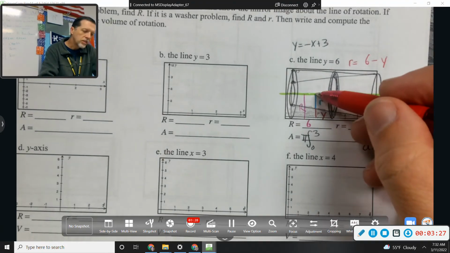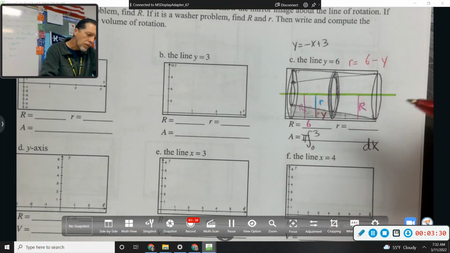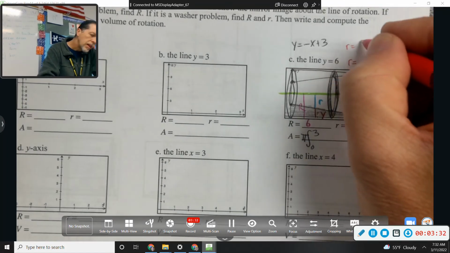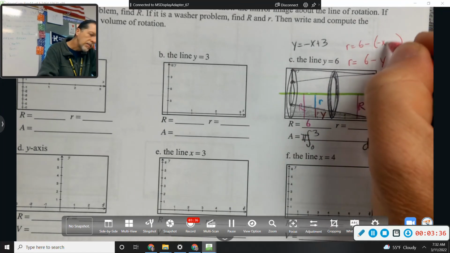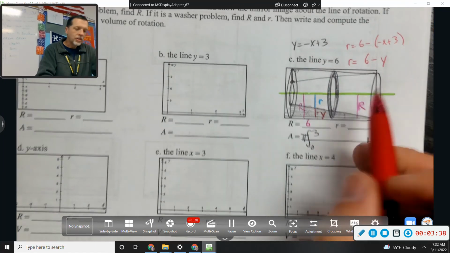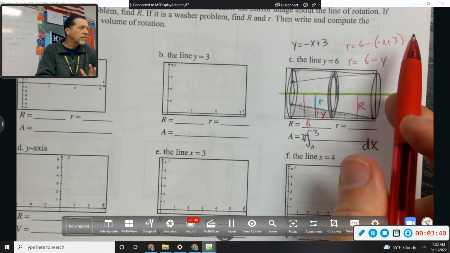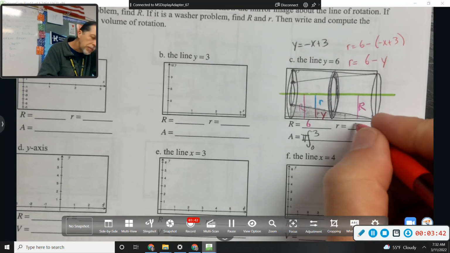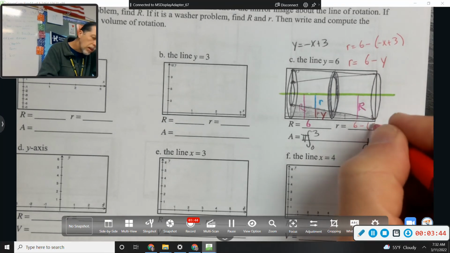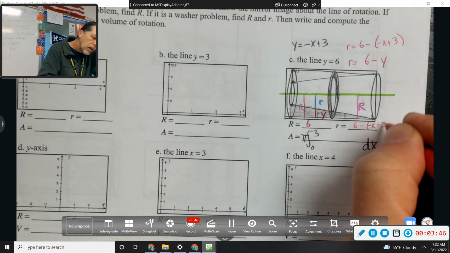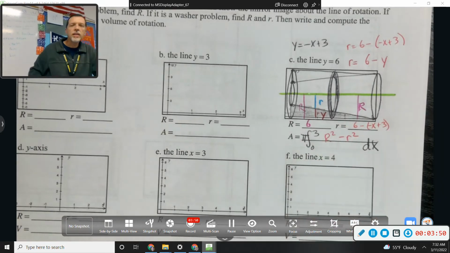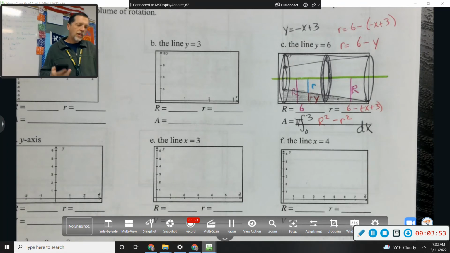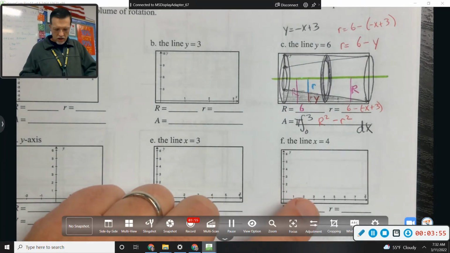Little r is the full 6 minus the y. 6 minus negative x plus 3. Obviously, you could clean that up a little bit, or you could just leave it like that and not worry about it. And you can leave your answer in that form.